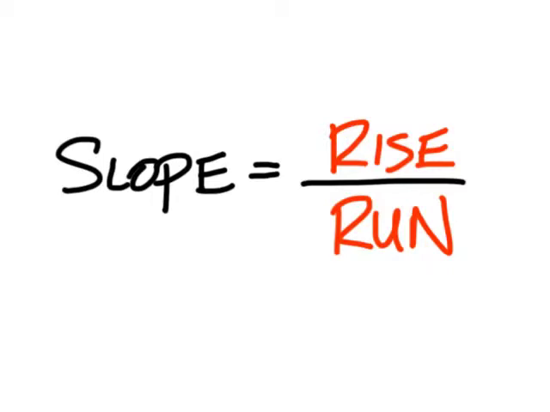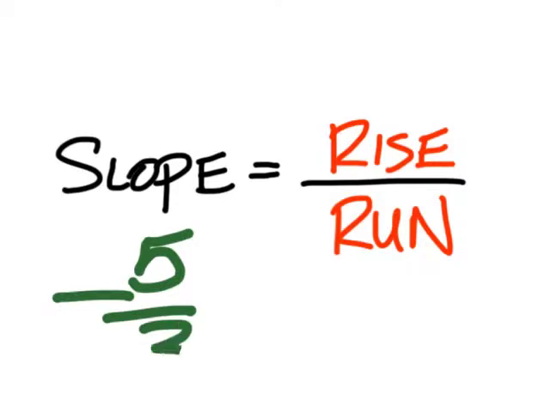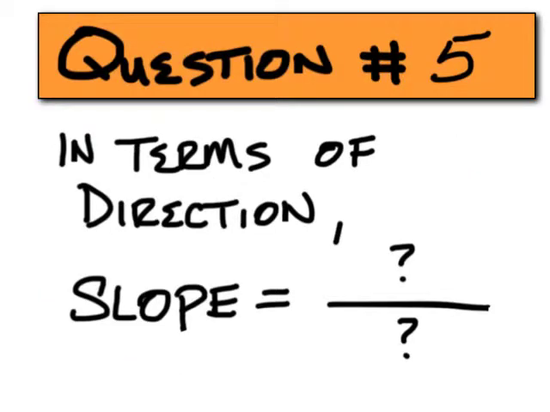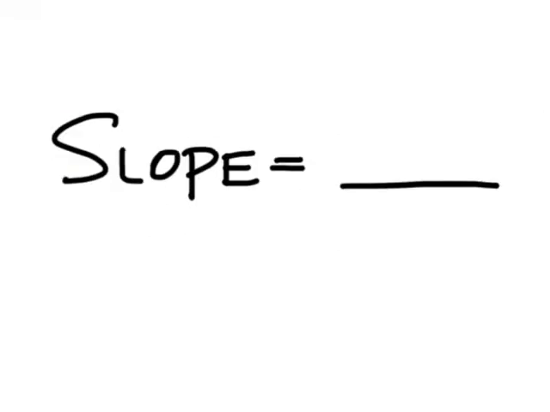What is the run in this slope? The run in this is simply 3. Question number 5, in terms of direction, slope equals something over something. Not rise over run, but the directions in terms of up, down, left, or right.